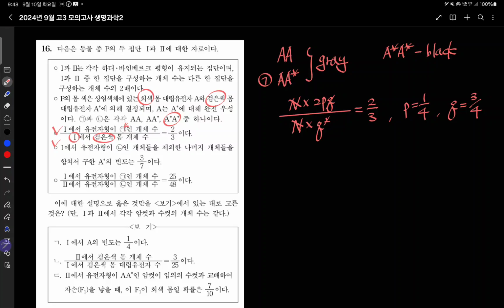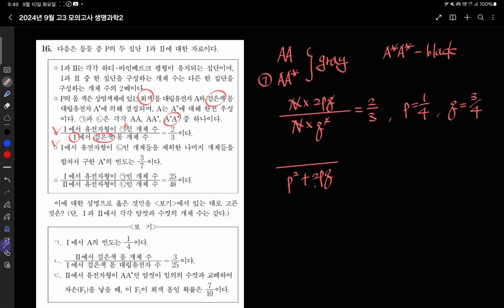So without A asterisk homozygote, A homozygote is p squared and heterozygote frequency is 2pq.